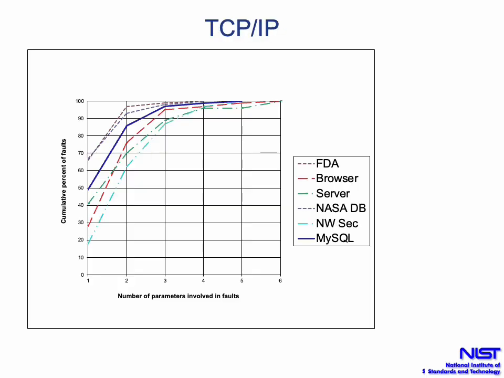Here we see at the lower line, the light blue line, the fault profile for probably the most heavily used application that we've looked at, the TCP/IP network suite. And as you can see, the fault profile for this is what we would call a better fault profile. In other words, the easy failures involving one or two or three factors have been discovered, and the more complex failures were the ones that remained after those were discovered.